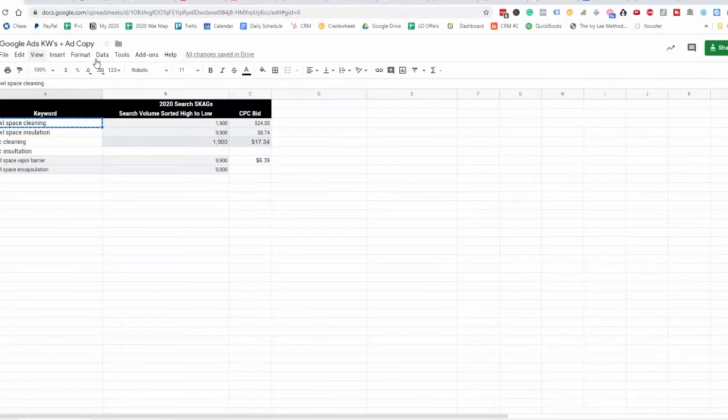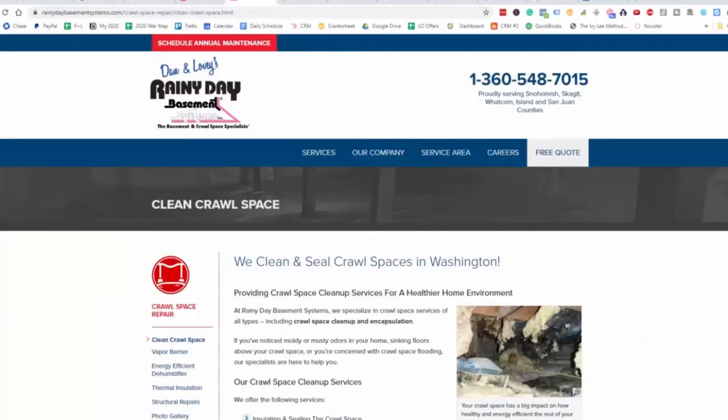Foundation repair. Because it's centered around crawl space cleaning, crawl space insulation, that type of construction service, it makes sense for us to add these types of keywords, right? Because they're all interrelated.